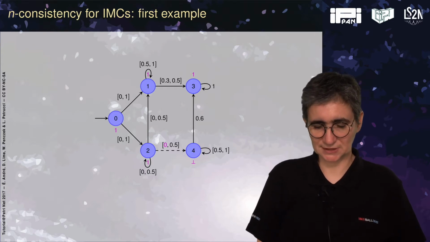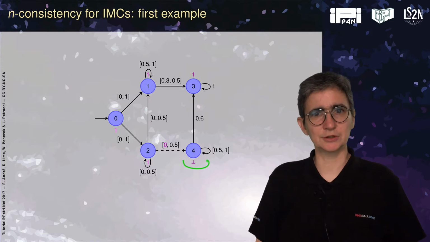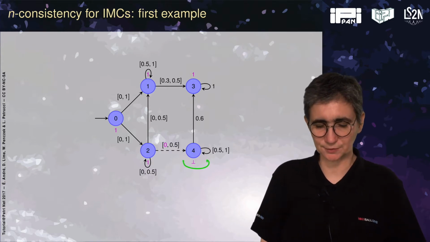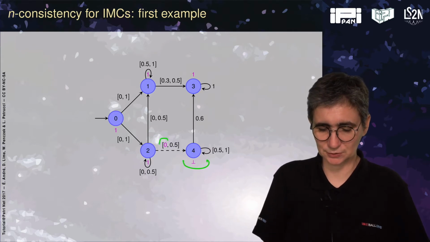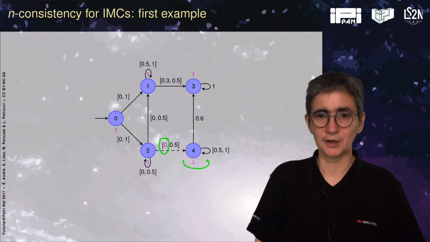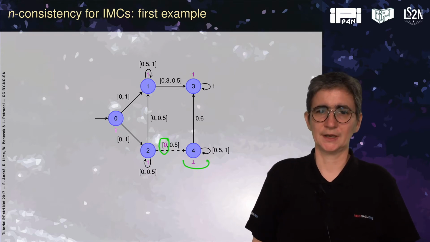We know that state 4 is not zero consistent. So we should not go from state 2 to state 4. Therefore, we must choose a probability 0 to go from state 2 to state 4. This is possible since 0 is included in the interval.